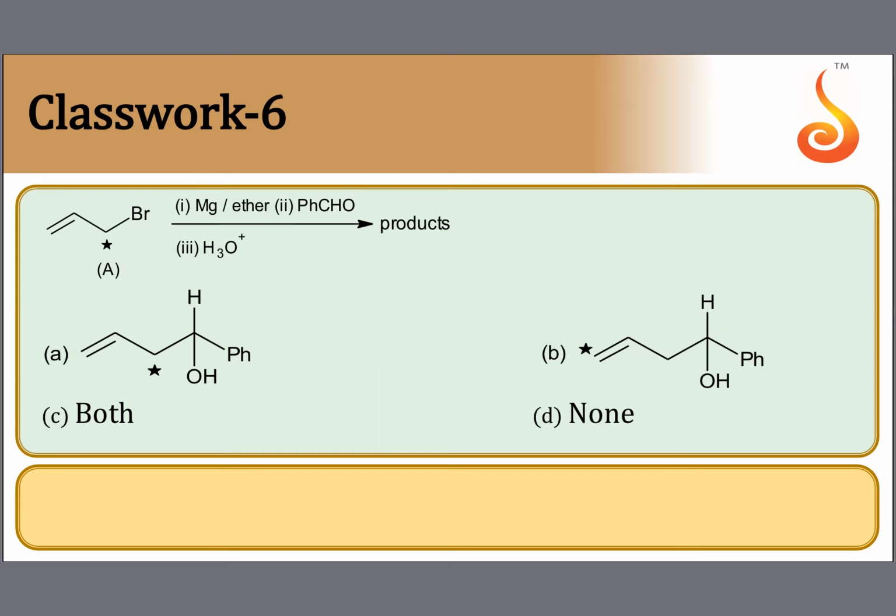Allyl bromide, when it is reacted with magnesium in the presence of ether, followed by benzaldehyde, followed by hydrolysis. What are the products? First, formation of Grignard reagent.